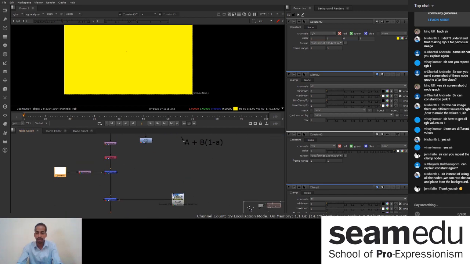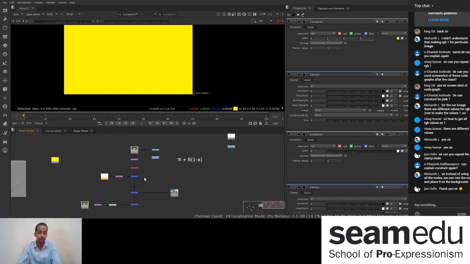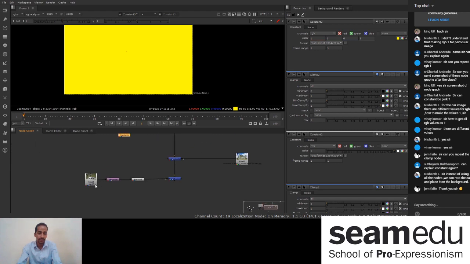All right, let me see the questions. Okay, so Nishant is asking, sir, instead of using all the nodes, we can rotate the car and place it on the background. Of course, Nishant, yes, we can roto the car and put it on top. But my objective is not to show you how to composite this car on top of the background.